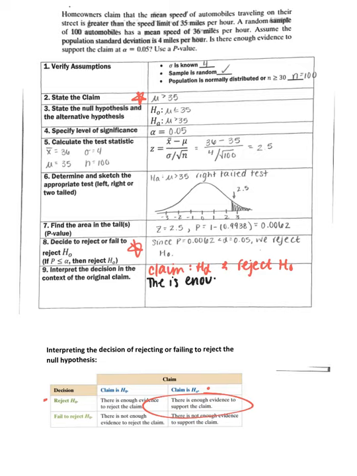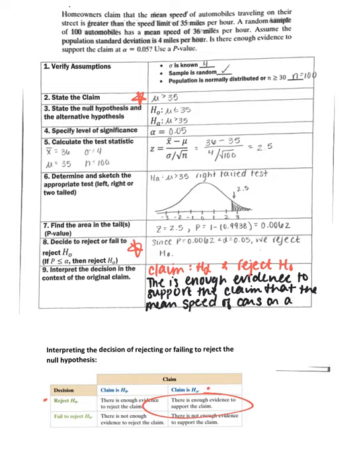There is enough evidence to support the claim that the mean speed of cars on a certain street is greater than the 35 mile per hour speed limit.